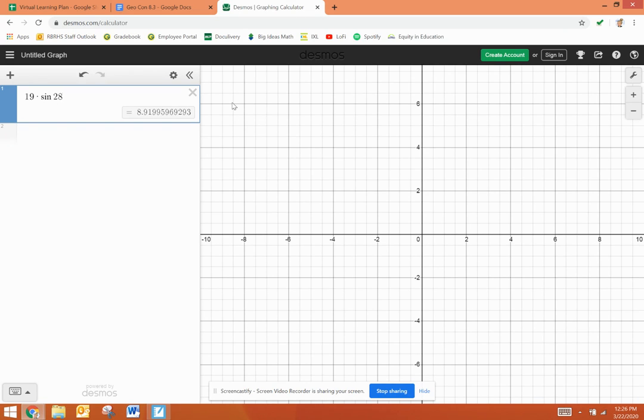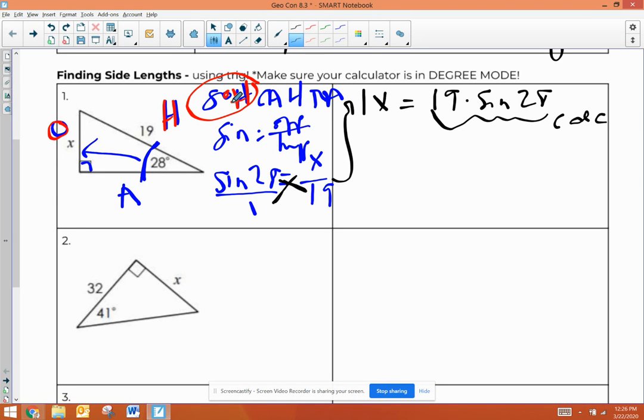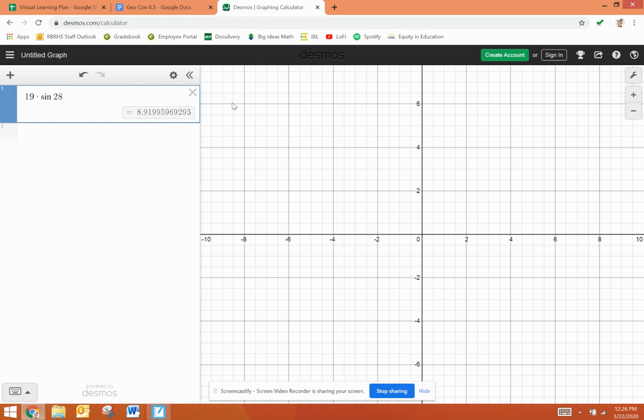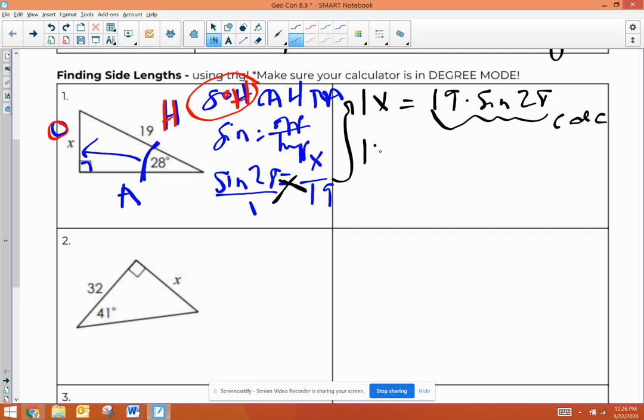We'll round to the nearest tenth. I'm sorry I didn't write what to round to. That's 8.9. So 1x equals 8.9. Just divide by 1. Pretend there's a different number there, sometimes there will be. So x equals 8.9.